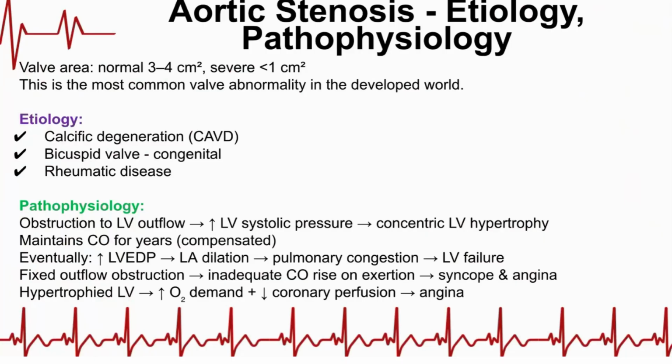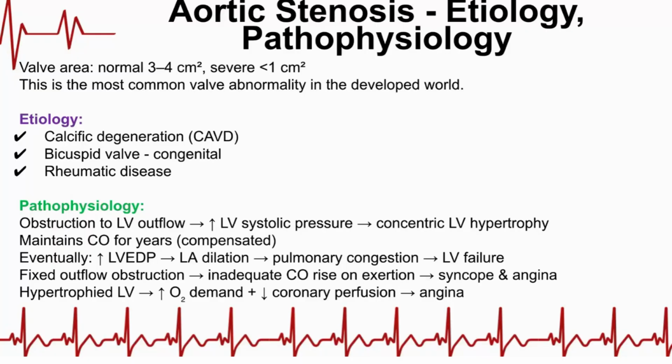So the blood inside the left ventricle is oxygenated, and this is now going to go to the systemic circulation to provide blood to all of the other tissues in the body, the internal organs, the brain, etc. Now, aortic stenosis, the aortic valve, normal valve area is about 3 to 4 centimeters squared, and in severe aortic stenosis is less than 1 centimeter squared. Now, aortic stenosis is the most common valve abnormality in the developed world.